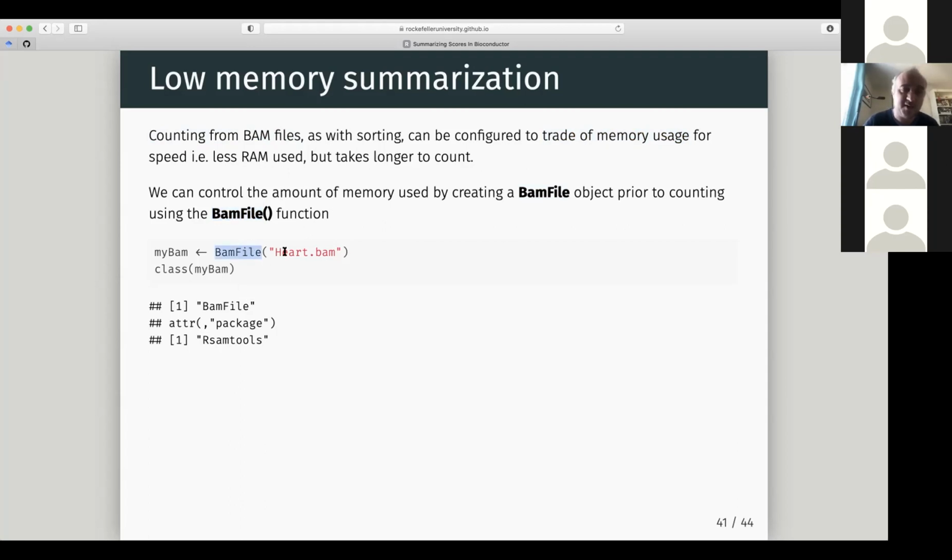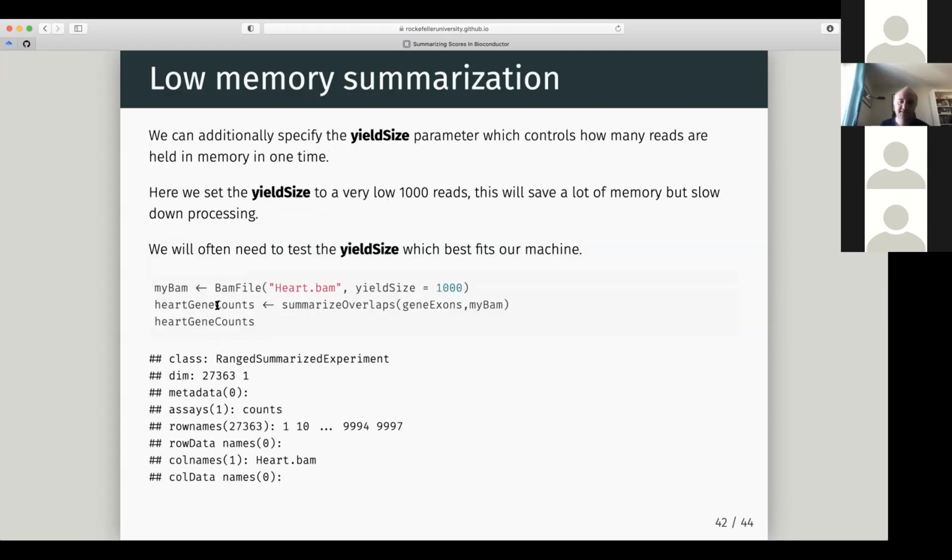So we do BamFile, give it a path to the BAM we want to wrap up in this object, and we get this BamFile object from our samples. This means now that when we have this BamFile like here, we can actually specify particular parameters we want to attach to that BamFile.